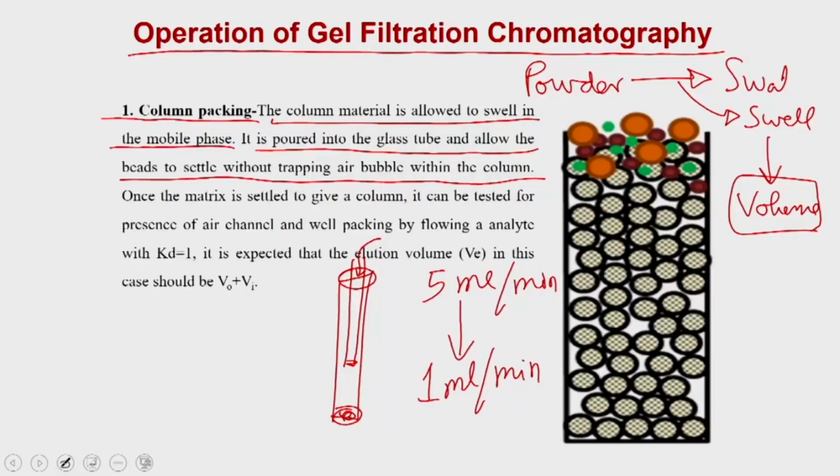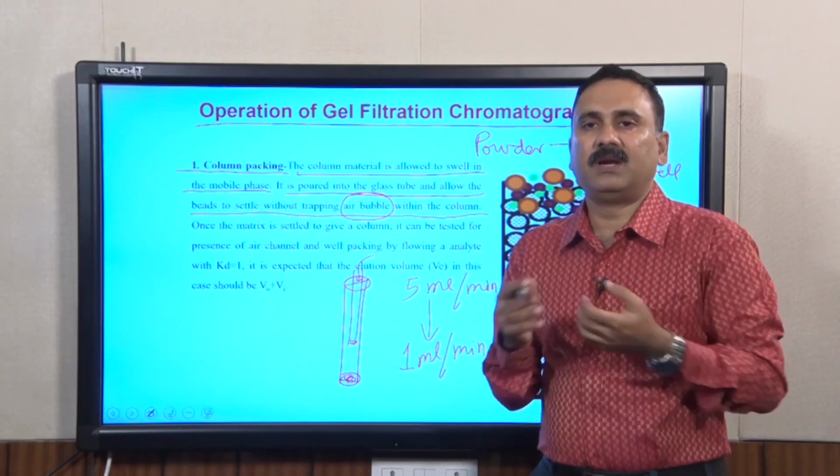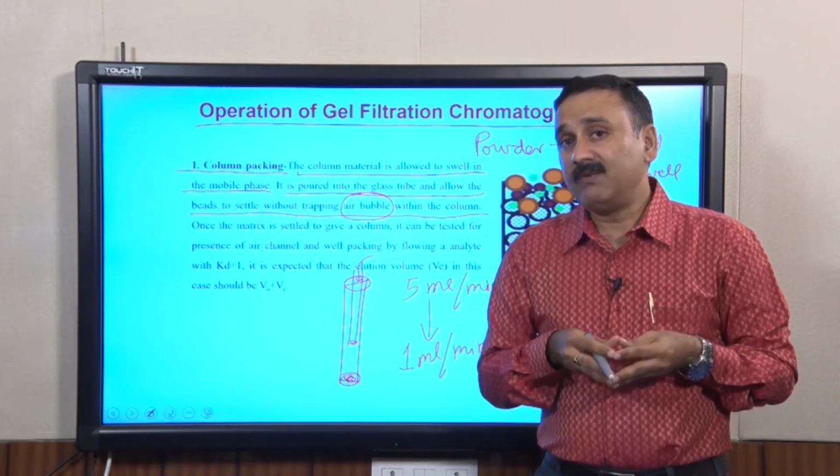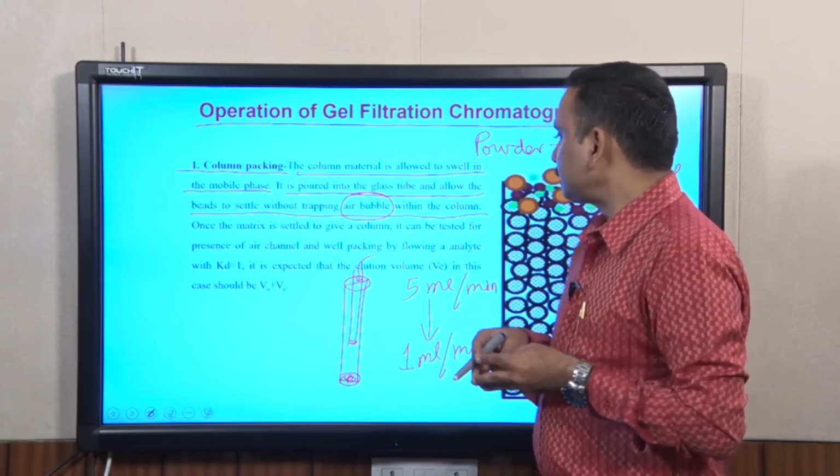The other thing is that you should always try to avoid any air bubble or any kind of air within the column, and that is very important if you would like to resolve molecules on a gel filtration chromatography column.